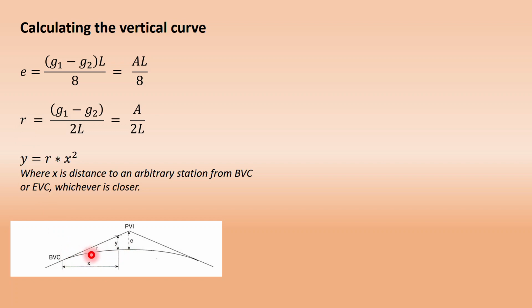If you remember what a spiral was in a horizontal curve, a spiral connected a straight line tangent to a circular arc, and it increased its radius from infinity when at the straight line out to the radius of the circle at the curve. Right, so it had an ever-increasing changing radius.